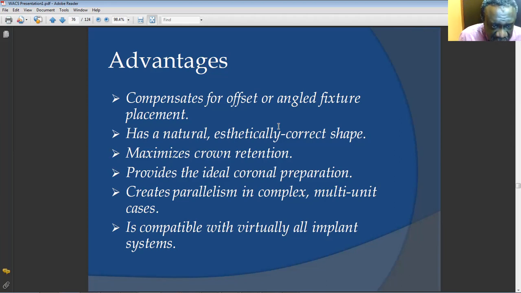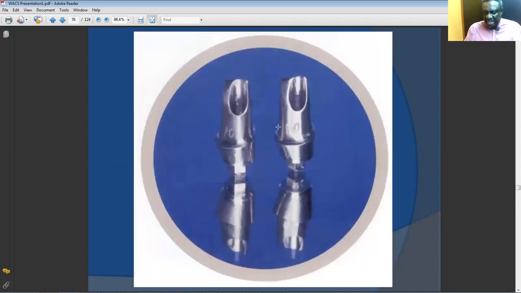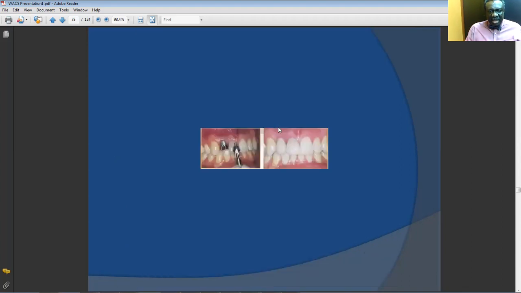It has a natural, aesthetically correct shape and maximizes crown retention. Sometimes you may actually think that you don't need cement because of the way it fits snugly. It provides the ideal crown preparation, creates parallelism in complex multi-unit cases, and is compatible with virtually all implant systems. So this is the Atlantis abutment, very nice. And this is the final work going in.